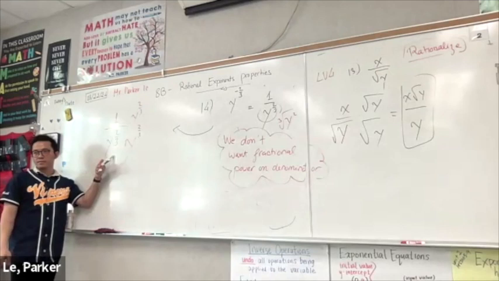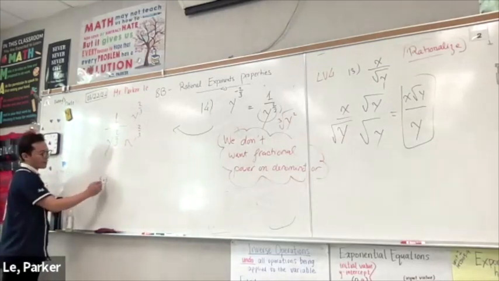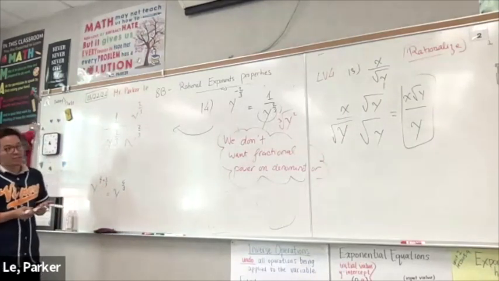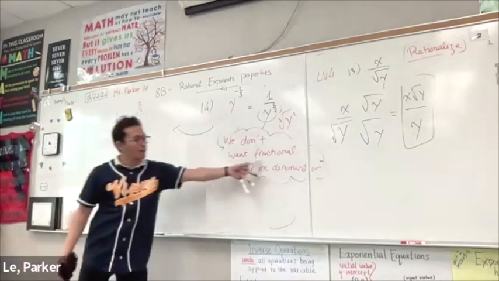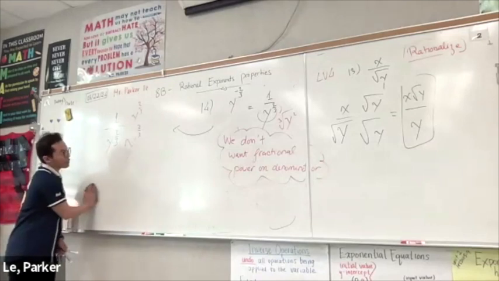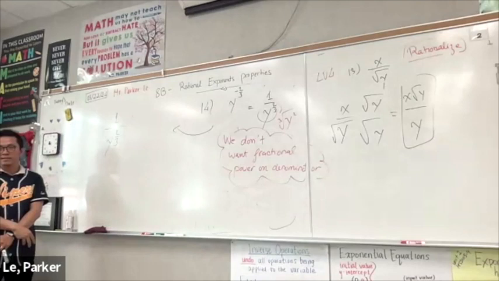You're going to combine them. So y to the 2/3 plus 2/3 is 4 over 3. We didn't achieve our goal. It's still a fraction. We don't want a fractional power. What do we multiply by?